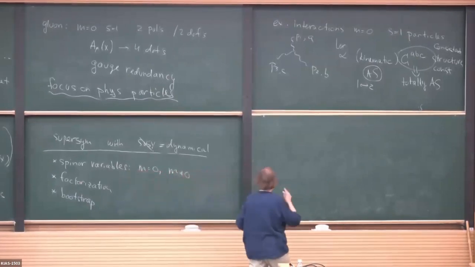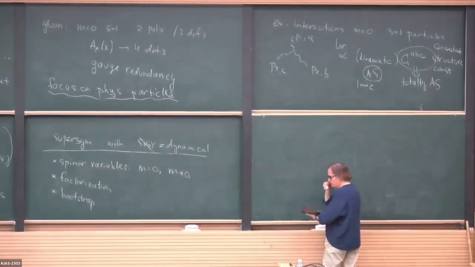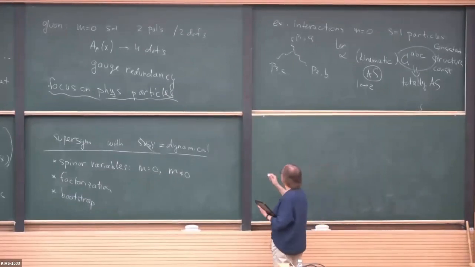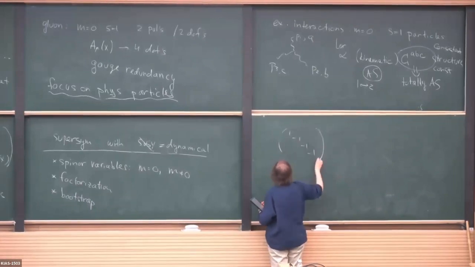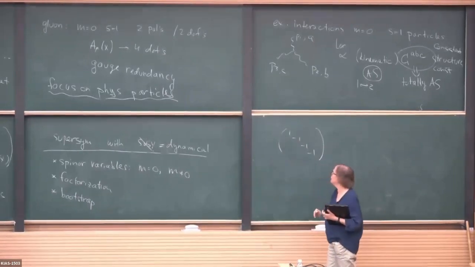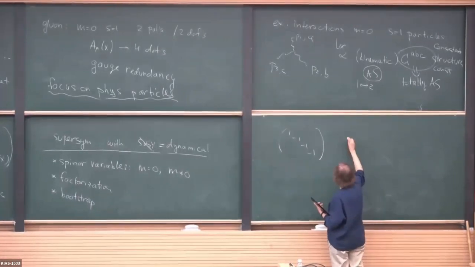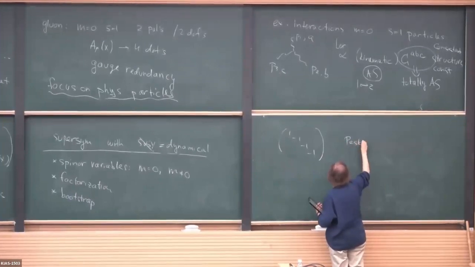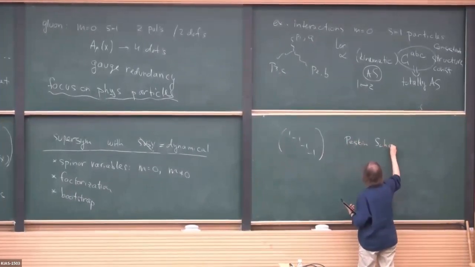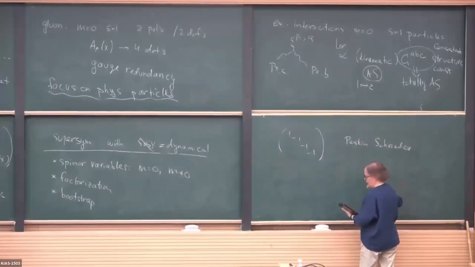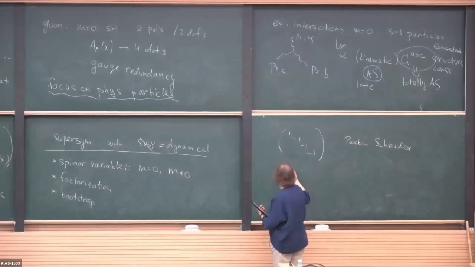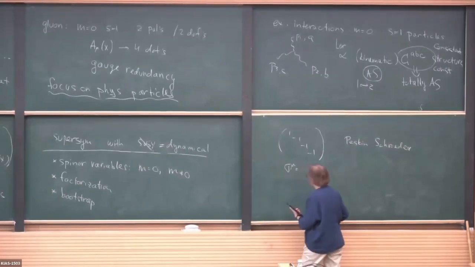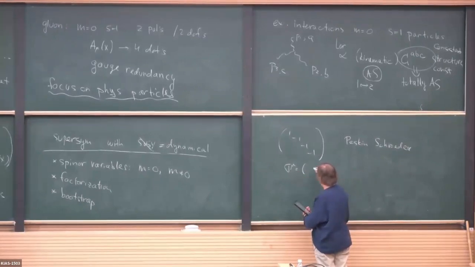So my conventions are the following. Fortunately, I'm going to use the same metric as Rocky does, the West Coast metric. I'm going to mostly follow the conventions of Peskin and Schroeder. And I just want to remind you from that book that you have the Pauli matrices, the generalized Pauli matrices.